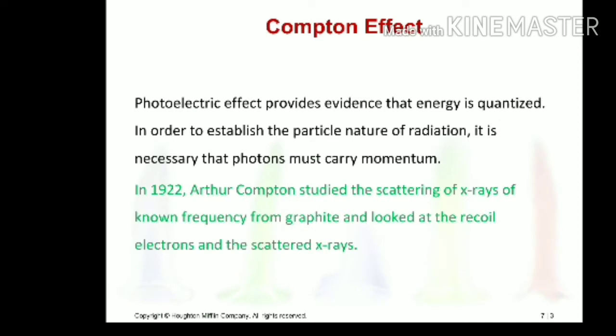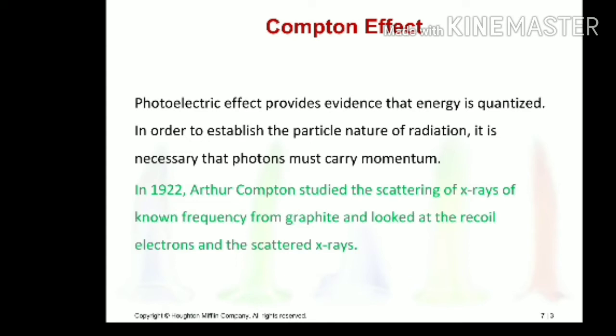So, in the previous topic, the photoelectric effect, which provided the energy quantized in quanta. To establish the particle nature of radiation, it is necessary that a photon must carry some momentum.